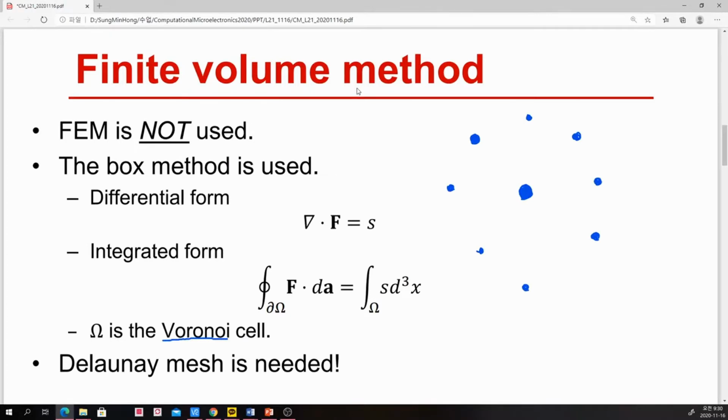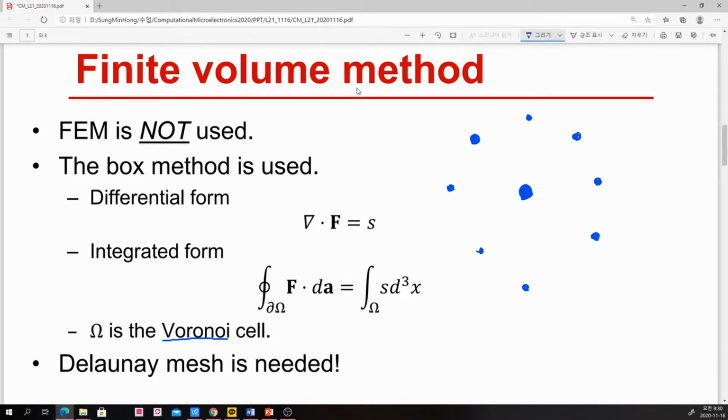So although the selection of omega is quite arbitrary and up to you, instead of arbitrarily selecting the omega, the small volume, we try to find the volume based upon the distance from a certain position.